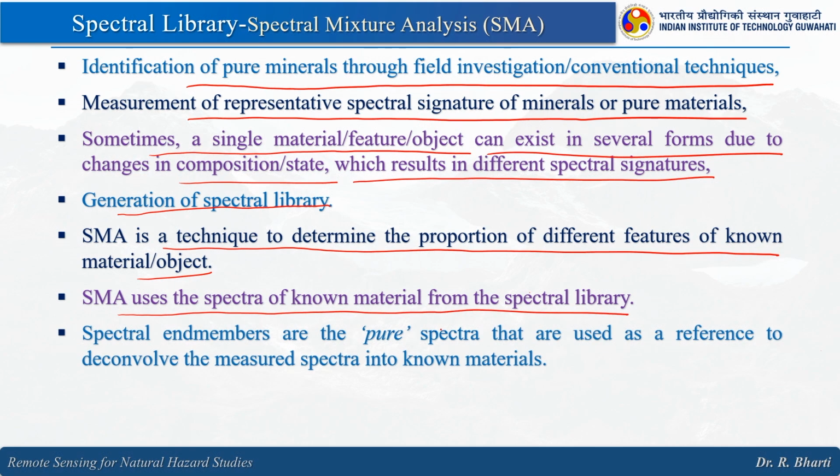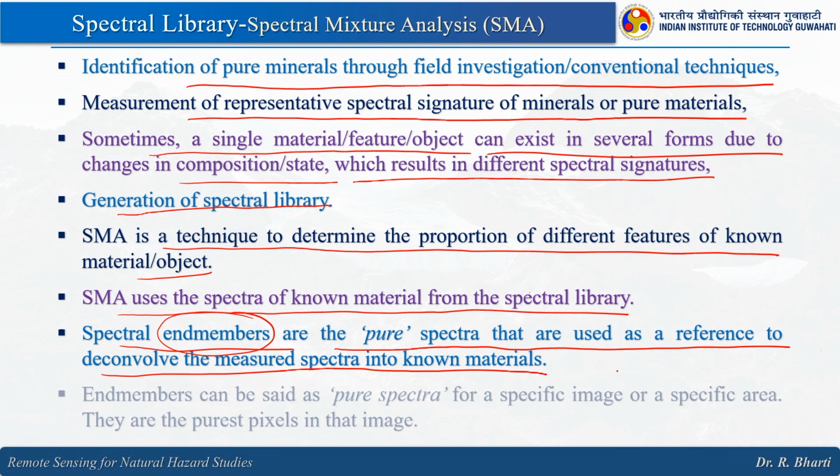So, here when we talk about the pure spectra of a particular material, let us say if we collect the spectra of pure quartz, we will call it, this is the true representation of a quartz, right. So, then we can call it end member. So, the spectral end members are the pure spectra that are used as a reference to deconvolve the measured spectra into known material.